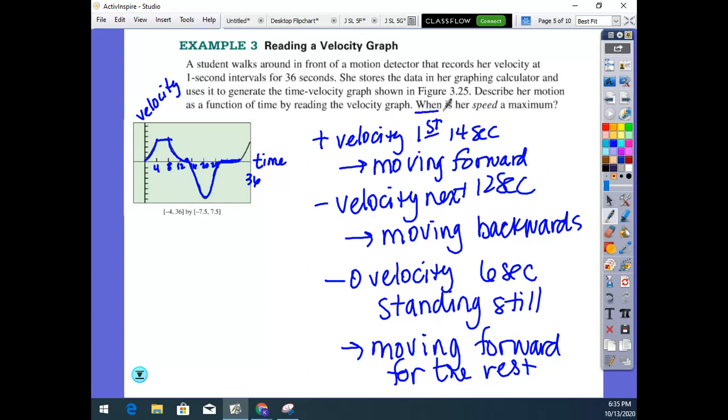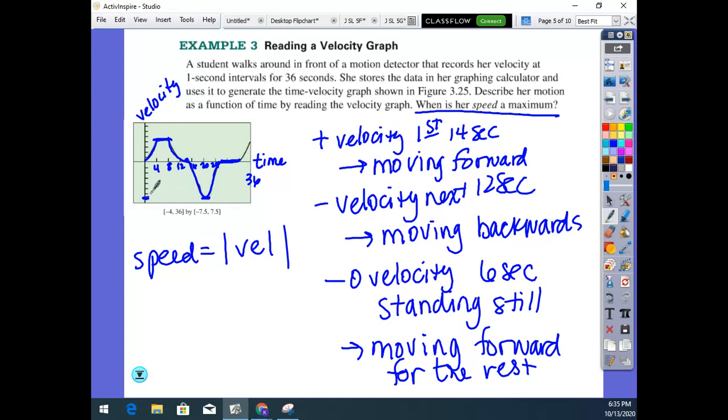Okay, when is her speed a maximum? What does speed equal? The absolute value of velocity. I want to know the highest point. Notice this is where my velocity is max. Notice this is my most negative velocity.